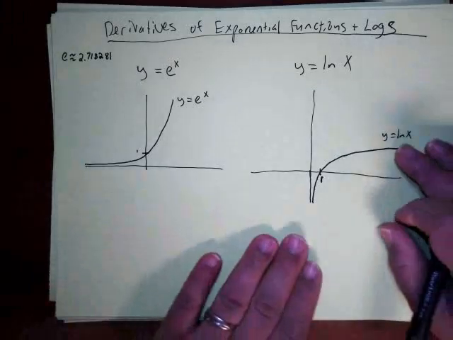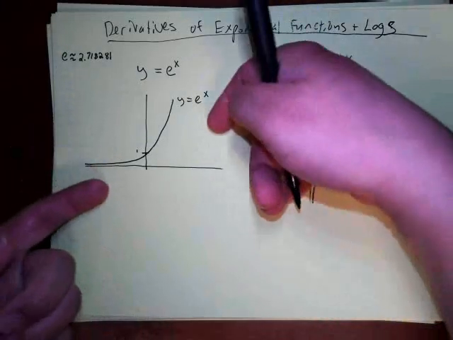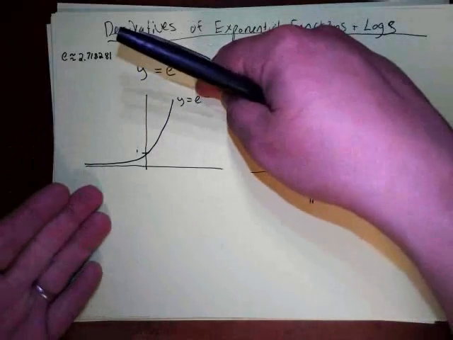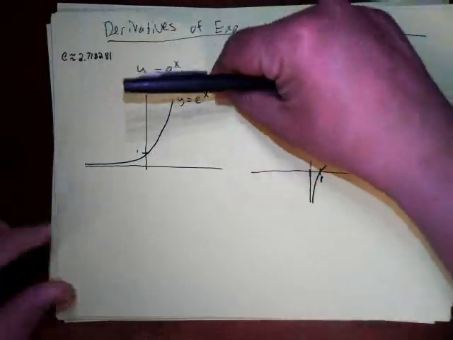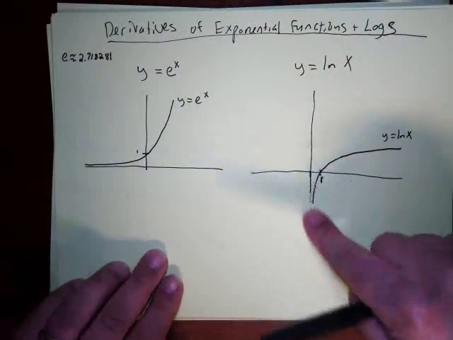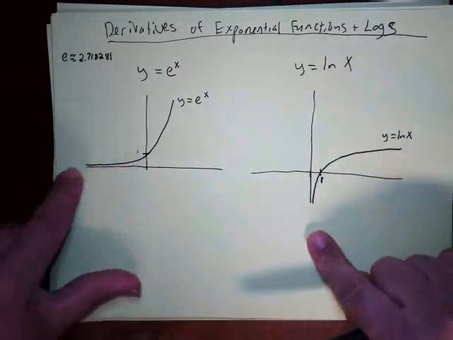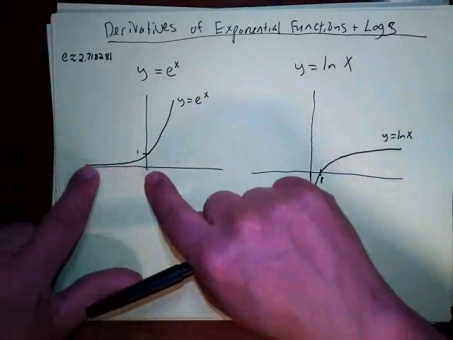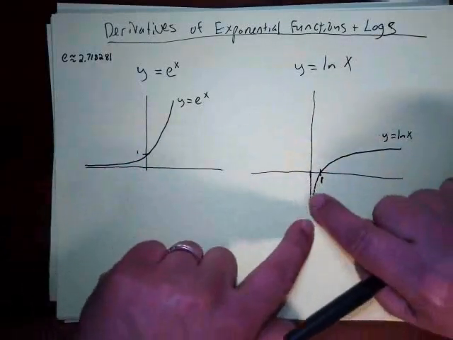This is just the inverse of that function. If I rotate this around the line y equals x, kind of twist it, if I held these two corners and twisted it around, I would get this. This asymptote is where this is going off to 0, because the negative x-axis becomes the negative y-axis.